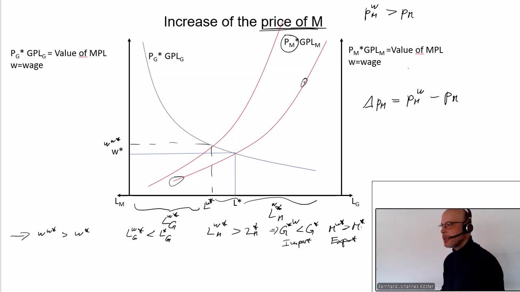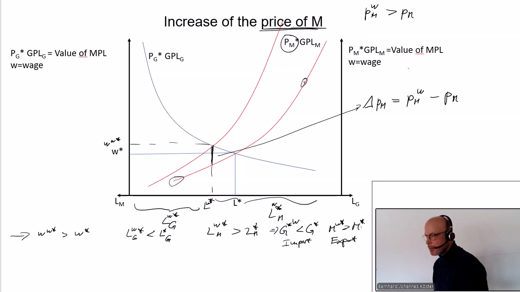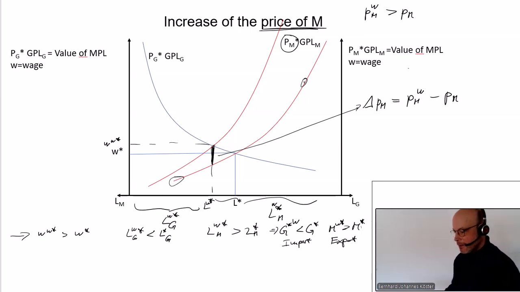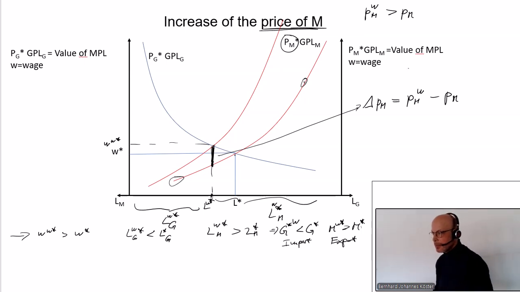And what we now see within our graphic is that, due to the decreasing marginal product, we have a falling demand curve, and this more or less represents the change of the price, because we are moving up from the old curve, not from the equilibrium, be careful, but from the old curve, due to this new labor market equilibrium.